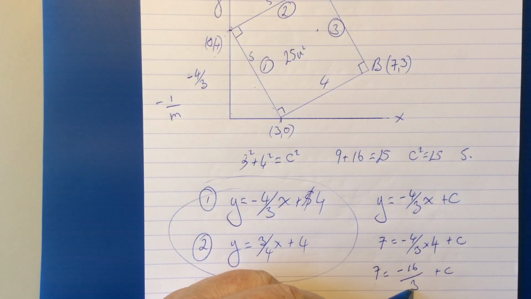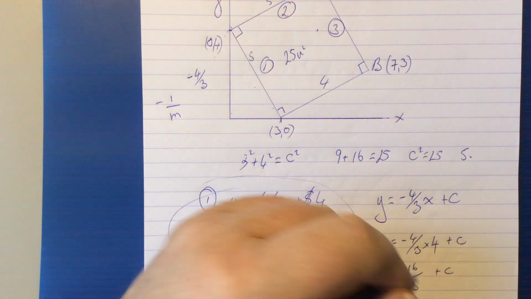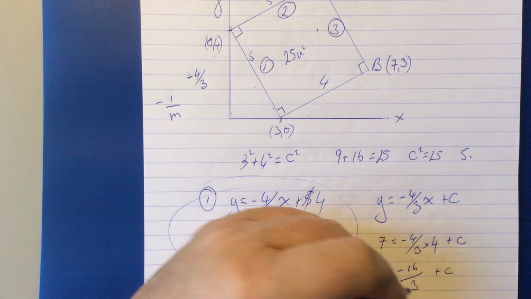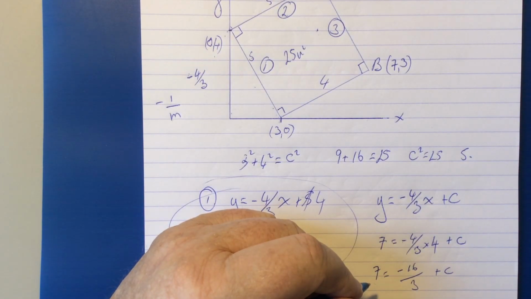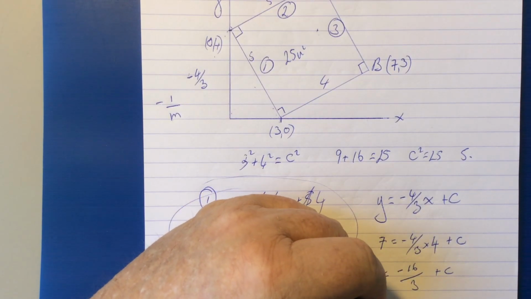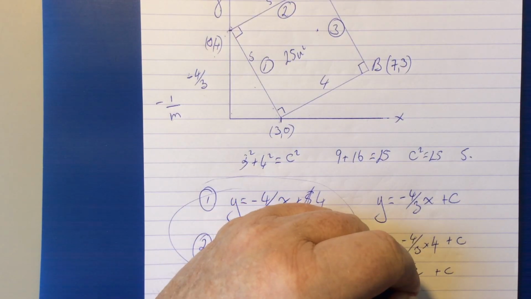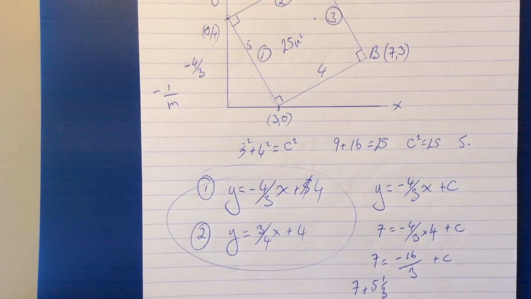Right, well, what is 16 over 3? 3 goes into 16 5 times with 1 remainder, so it is 5 1/3. I'm getting my numbers wrong a lot today.